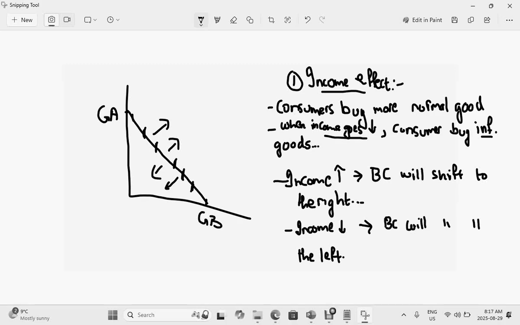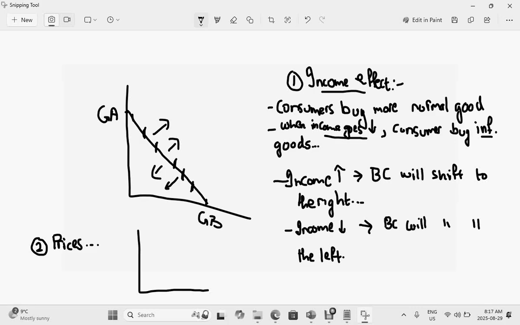Apart from that, you also have your price effect, which is the impact of price on your consumption or consumer choices. The second one has to do with prices, which are going either up or down.